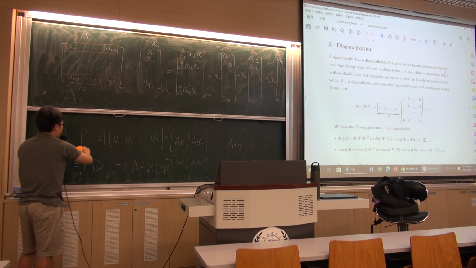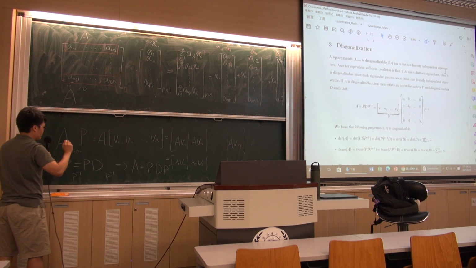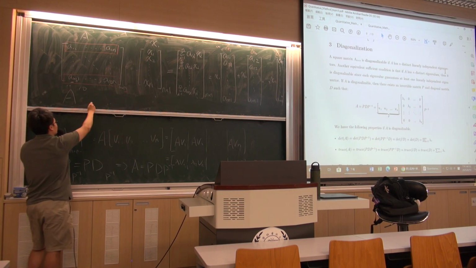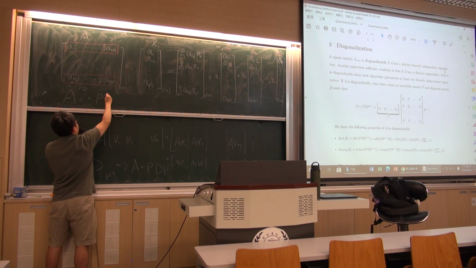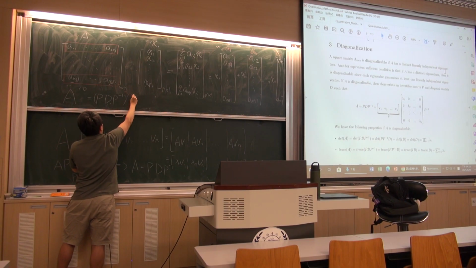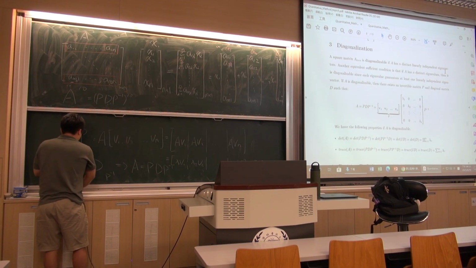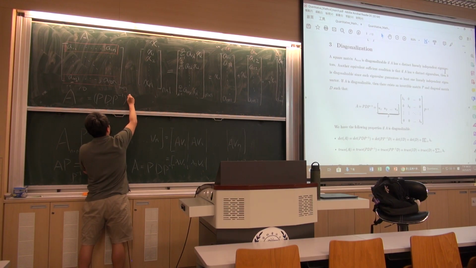But if we can diagonalize this matrix, then what does it look like? It's like PDP inverse to the power of 10. Let's only look at the first two cases here.